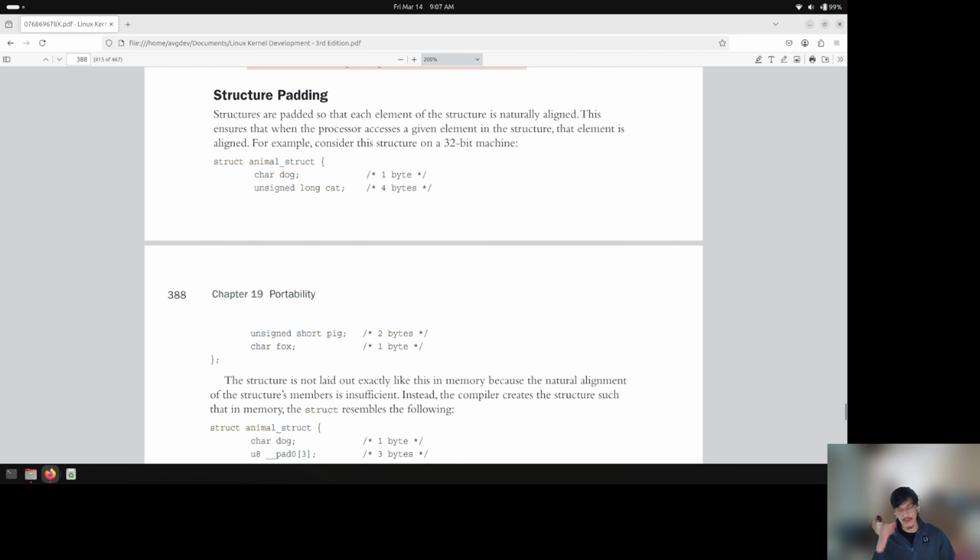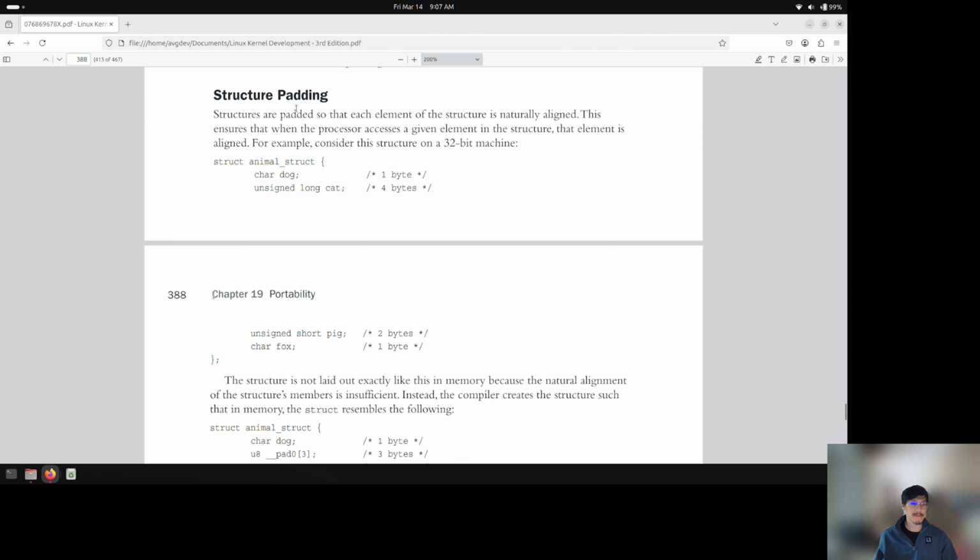Structure padding, so structs. Structures are padded so that each element of the structure is naturally aligned. This ensures that when the processor accesses a given element in the structure, the element is aligned. For example, consider this structure on a 32-bit machine. Okay, so you have a basic struct here with 4 properties.